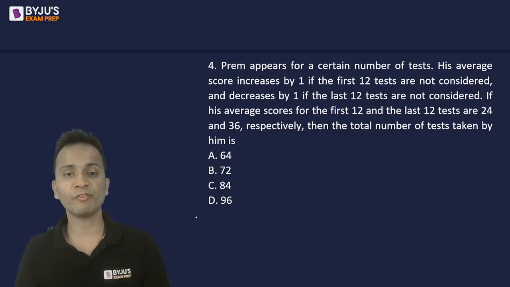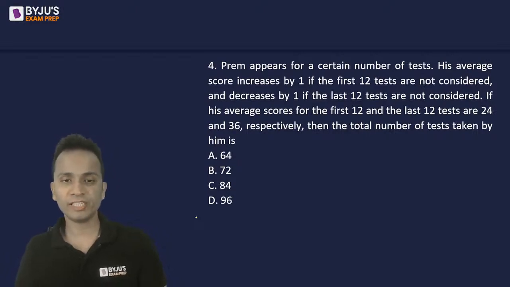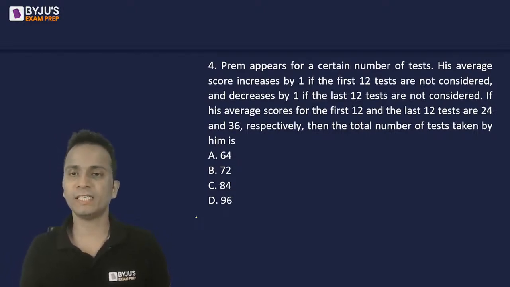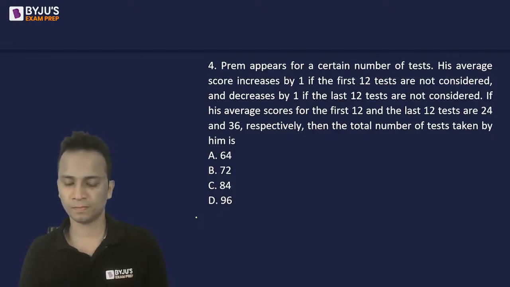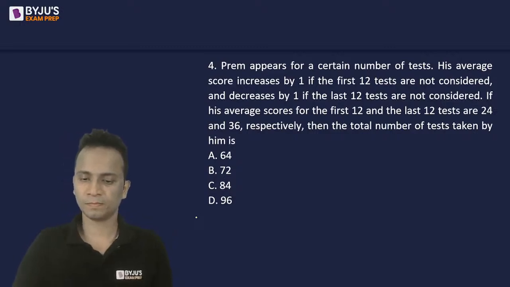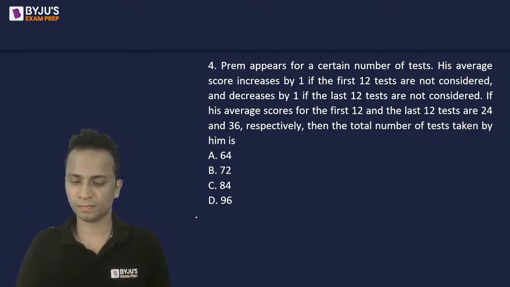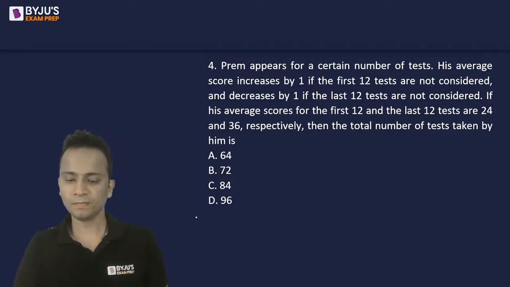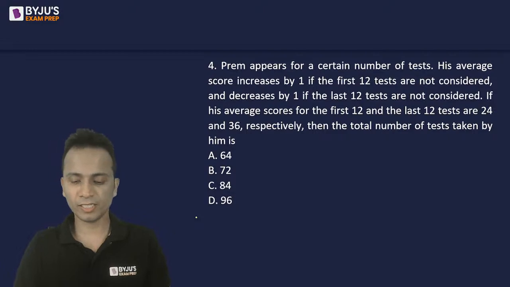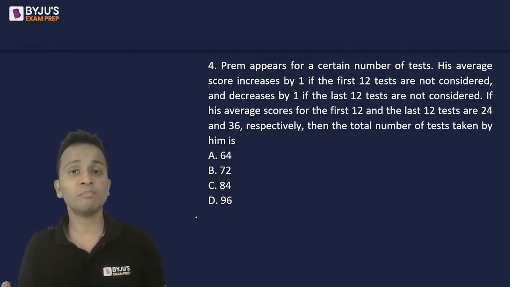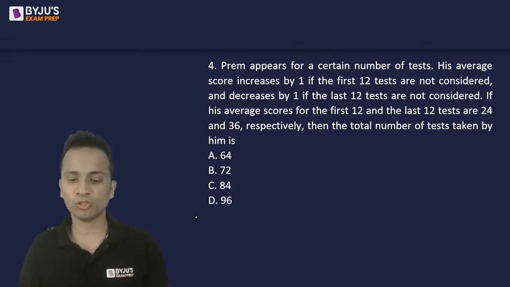Both of you have given option C. So 72 or 84, what is the correct answer? Yes, Dhruvi, I am giving you time, but you yourself have posted your answer.